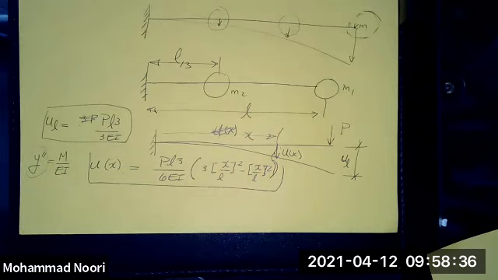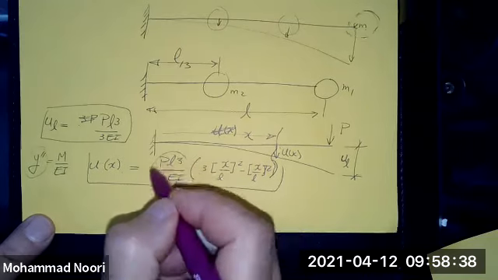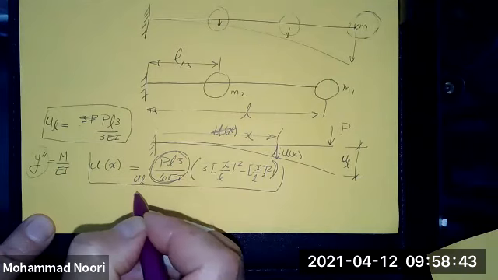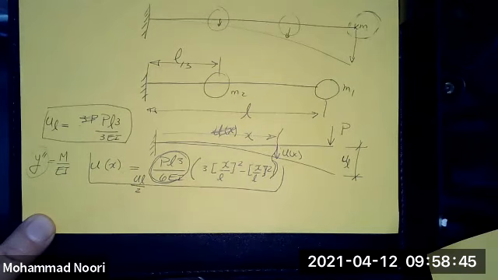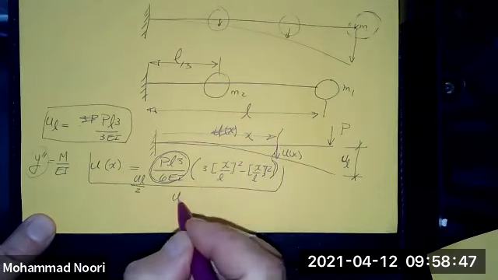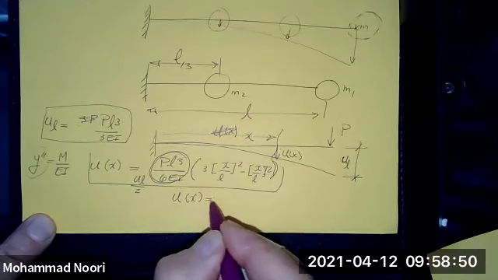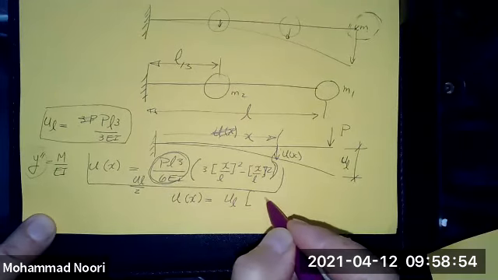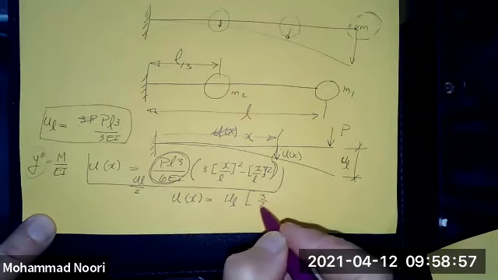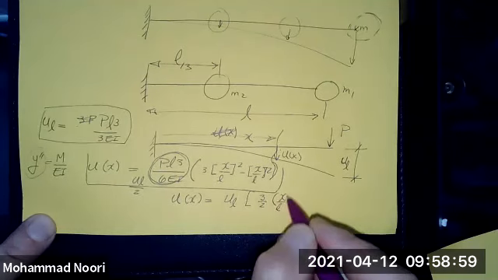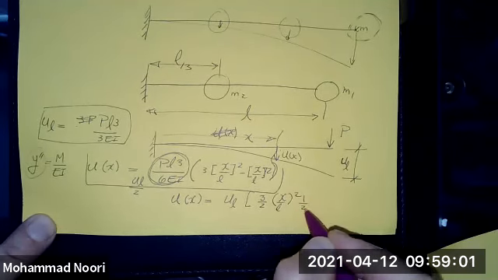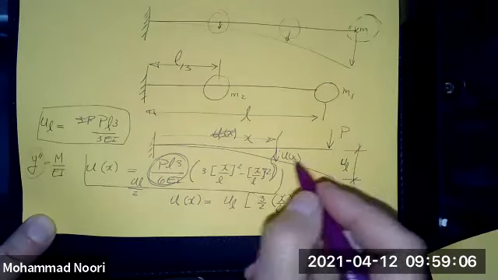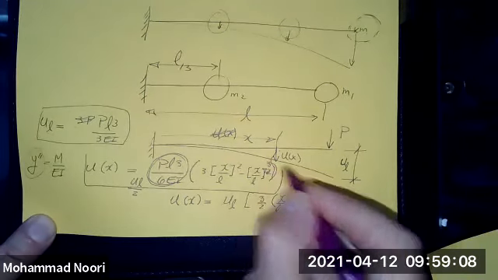But wait a minute. What is this? This is that U sub L over 2. So I can write U at any point is equal to U sub L times this function, 3 over 2 X over L squared minus 1/2 X over L cubed.